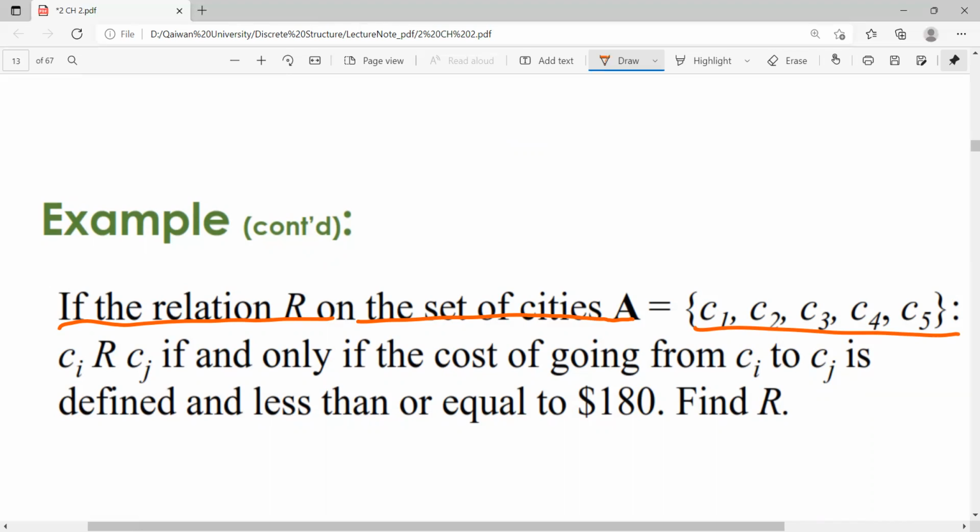In the set you have 5 elements. Ci is related to Cj if and only if the cost of going from Ci to Cj is defined and less than or equal to $180.